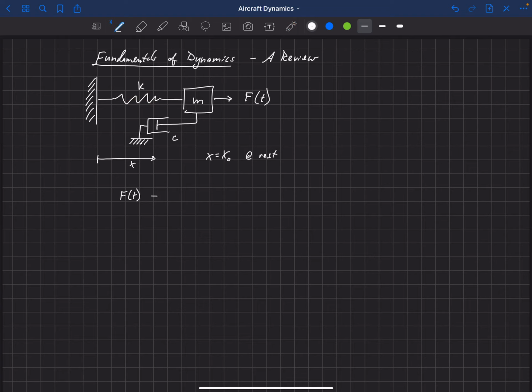So what we would get is a force on it that would be our constant K times delta x. Okay, so if delta x is positive to the right, then we'd get a force to the left that's negative. And of course, if delta x were negative, then that would give us a force to the right because that spring would be in compression.